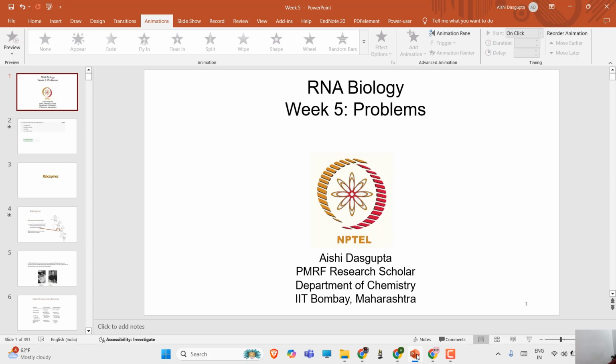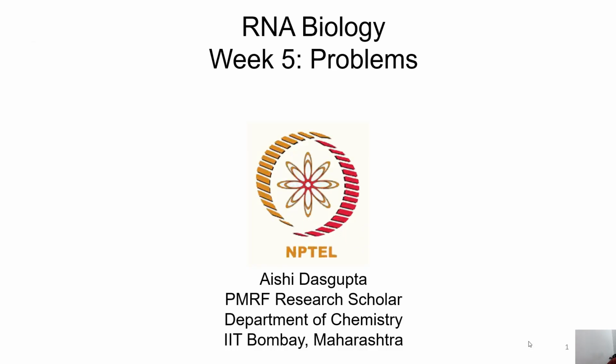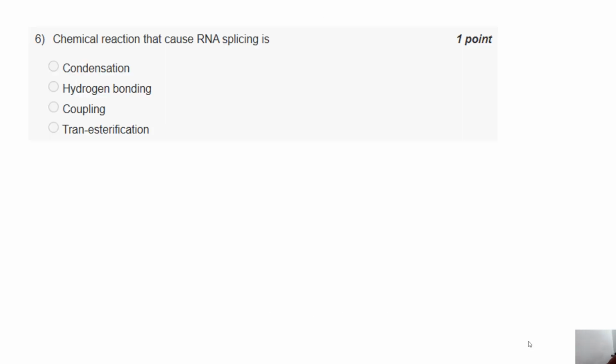Starting with the first question for today. The chemical reaction that causes RNA splicing is: A. Condensation, B. Hydrogen bonding, C. Coupling, and D. Transesterification. I'll wait a few minutes in case anyone wants to answer.